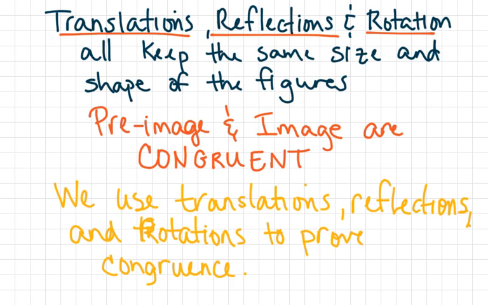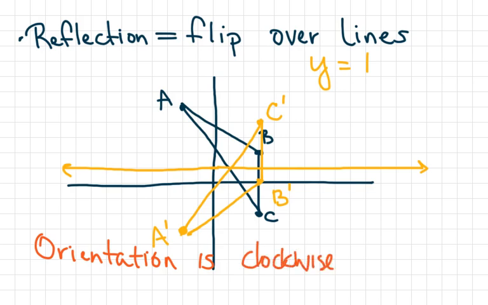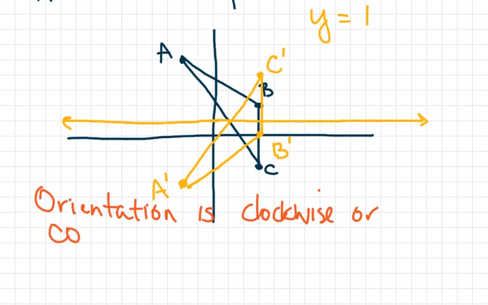Okay, I would like to go back for a moment to the reflections and talk about orientation. So orientation can be either clockwise or counterclockwise. Now, we can rotate things clockwise or counterclockwise.